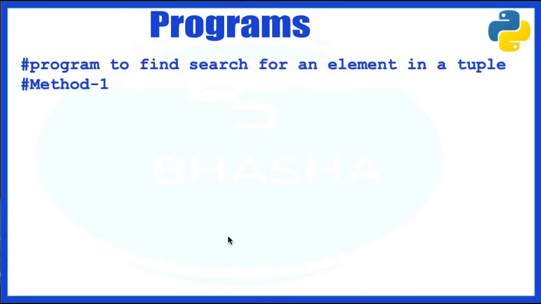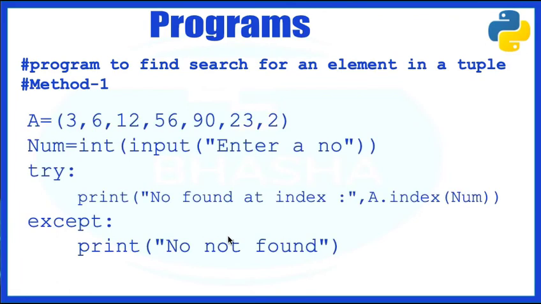The next one we have is searching for an element in a tuple. See, when we search for an element in a tuple, we can always use the index function also. But remember, index always generates an exception, if you remember, if the number is not found. So therefore, you're always supposed to handle the exception. If you don't remember the index function, please see my previous videos, or just go through the playlist.